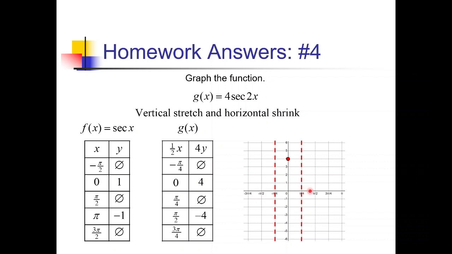Pi over 2, comma, -4 is down here, and then another asymptote at 3 pi over 4. So approaching the asymptotes and going through that one point, and you kind of have to know what this looks like beforehand. So we've got kind of teeth. Here's one tooth up here and another tooth down here.